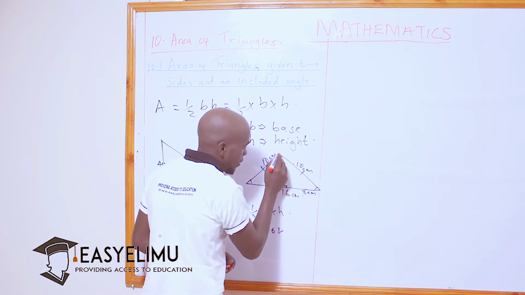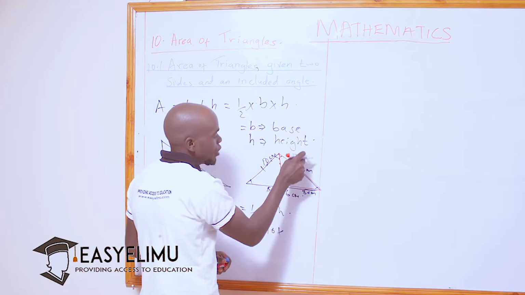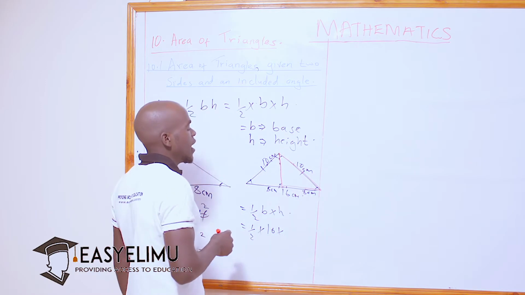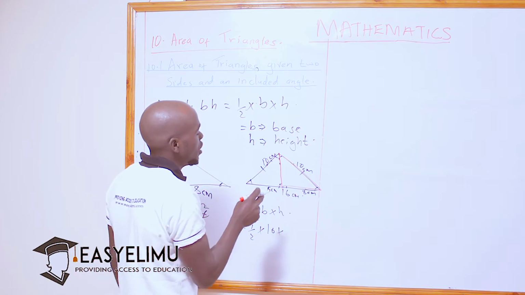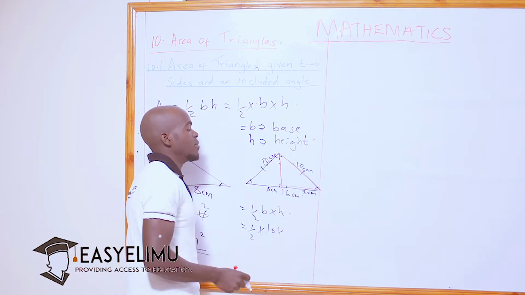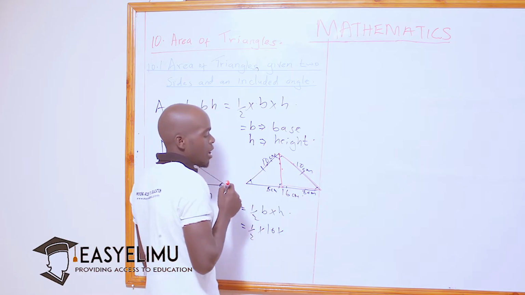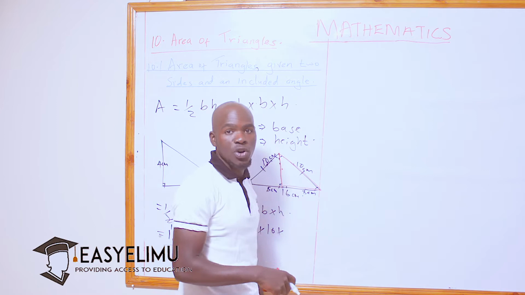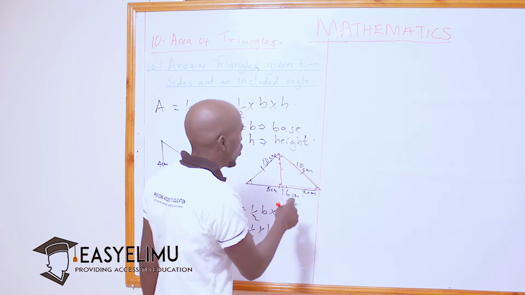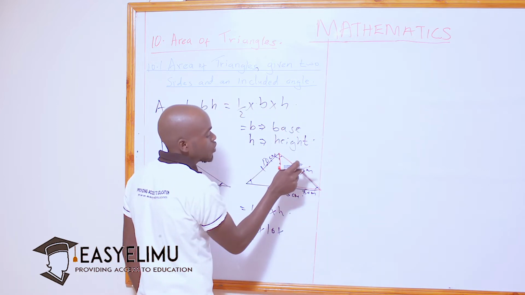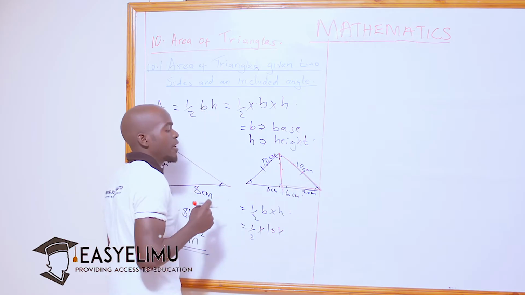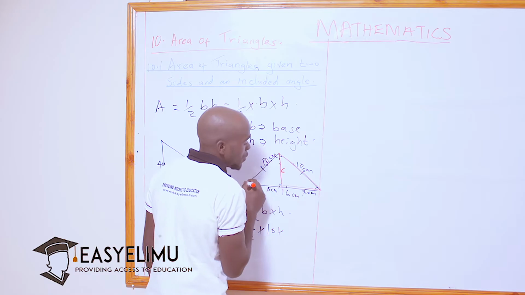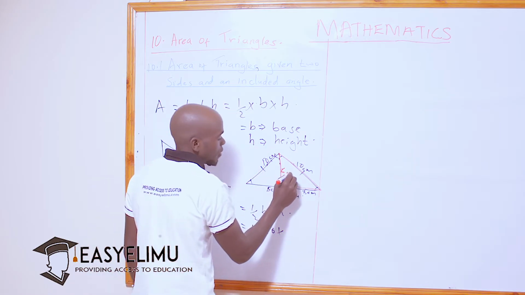I will take this one with the hypotenuse 10 centimeters and the base, which is the adjacent, to be 8 centimeters, and now the height of this one will be equal to 10 squared minus 8 squared, as we saw in Pythagoras theorem. So on doing that, we find 10 squared minus 8 squared, and finding the square root, this will give you 6 centimeters.